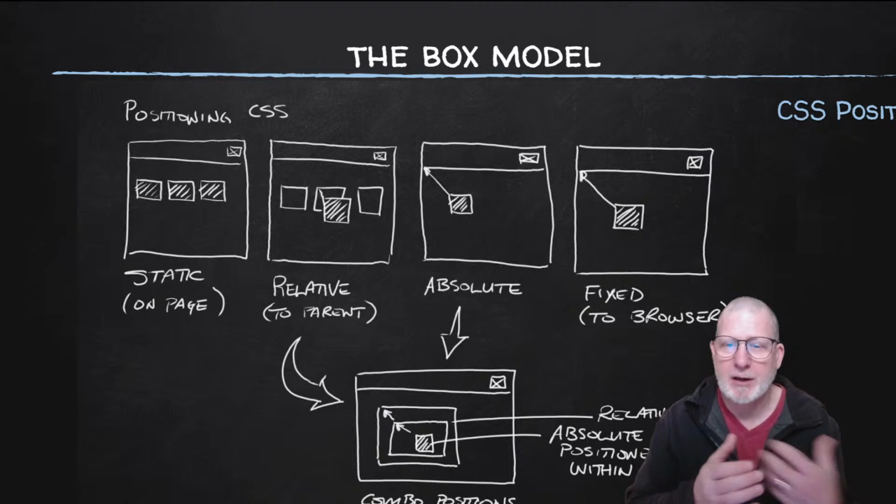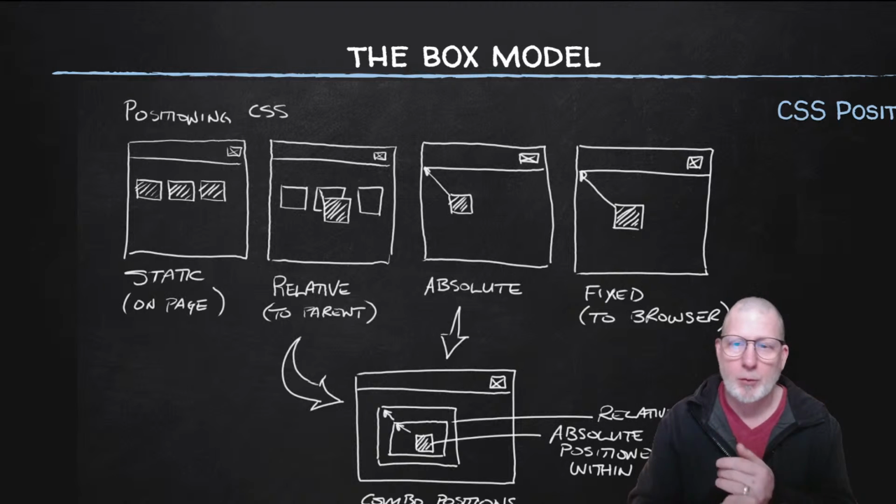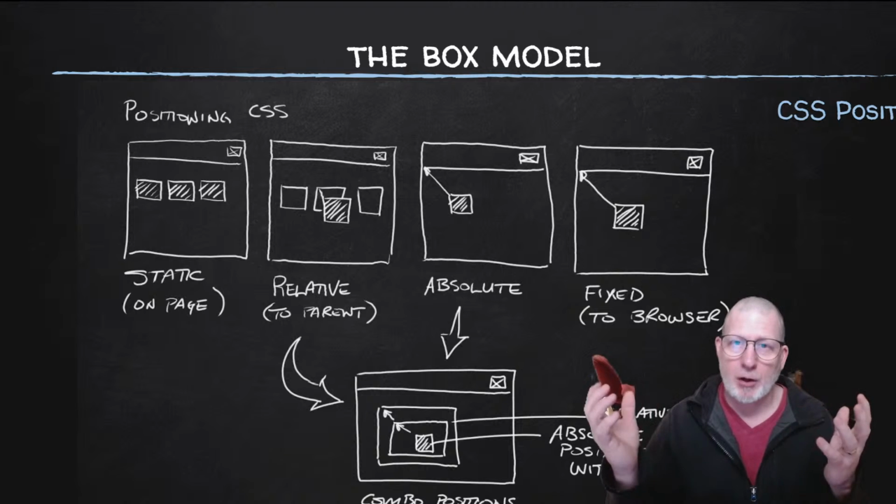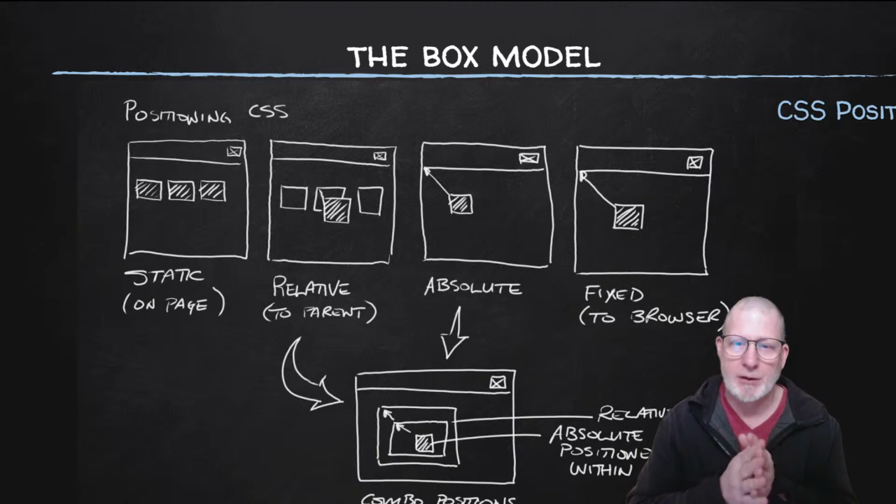So a couple of the tricks we use with this CSS position. First of all, we'll play around with fixed position elements for things like headers and footers that we want stuck to the top and the bottom of the browser and let the page roll behind it. Second is we'll use relative position, which is the default for almost all elements.